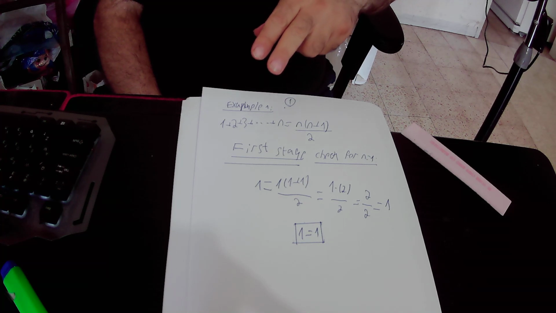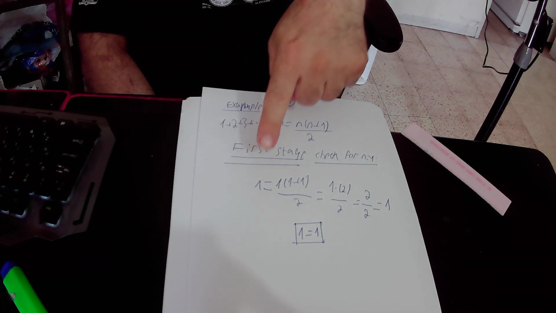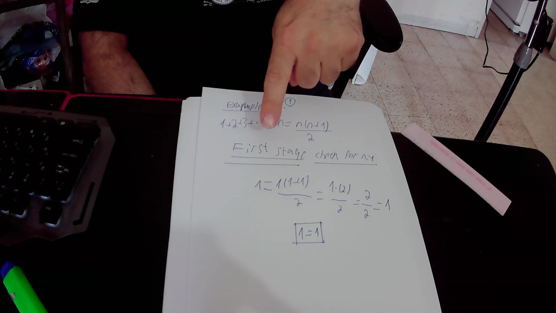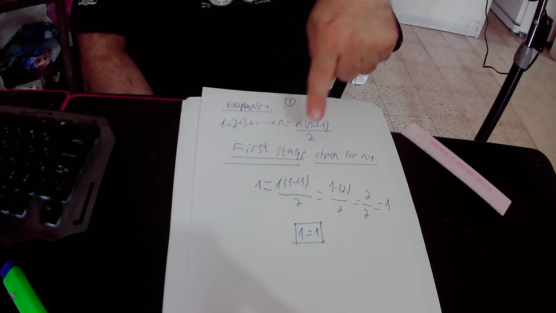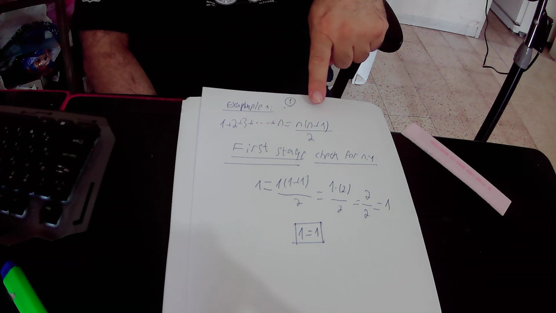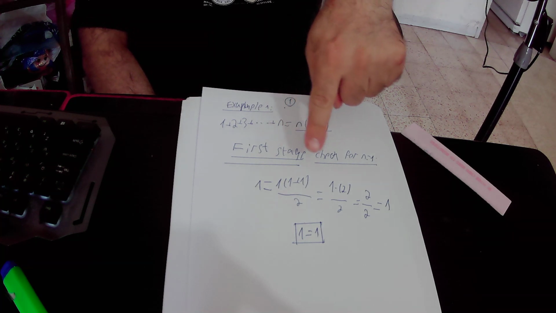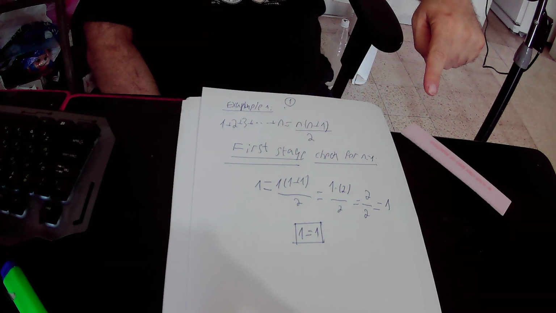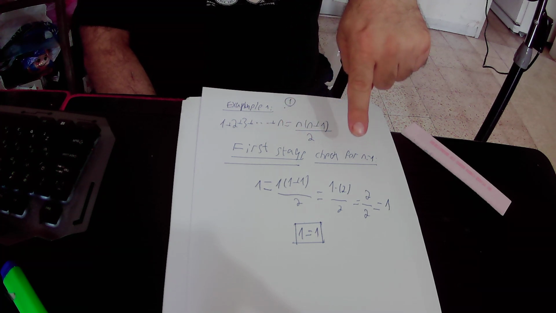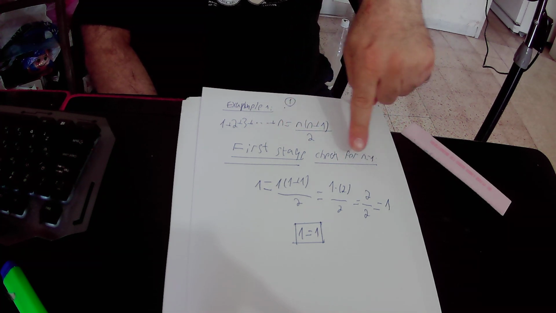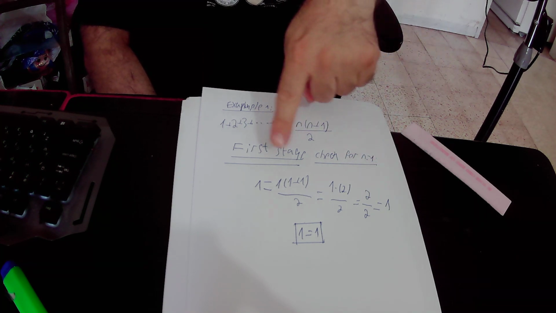I will repeat again here. In this side of the equation we have only 1 because n equals 1. On the other side of the equation is n times n plus 1 divided by 2, and n equals 1, so it is 1 times 1 plus 1 divided by 2, and 1 plus 1 is 2, 1 times 2 is 2 divided by 2, 2 divided by 2 is 1, so 1 equals 1.